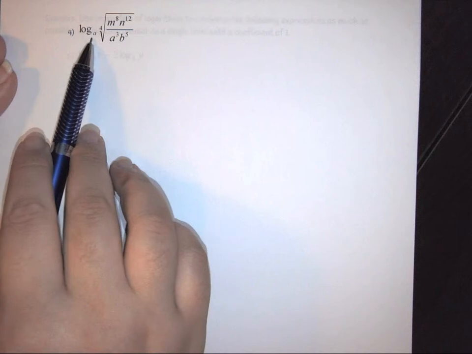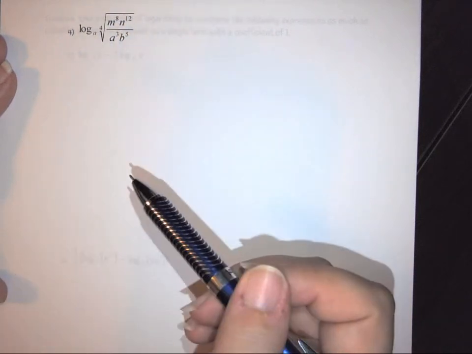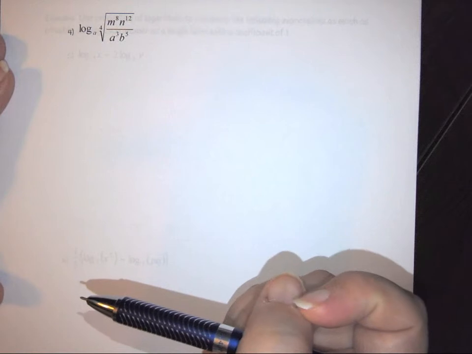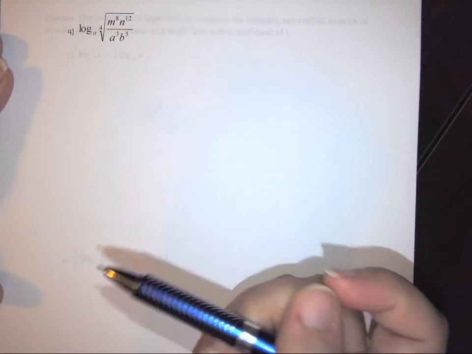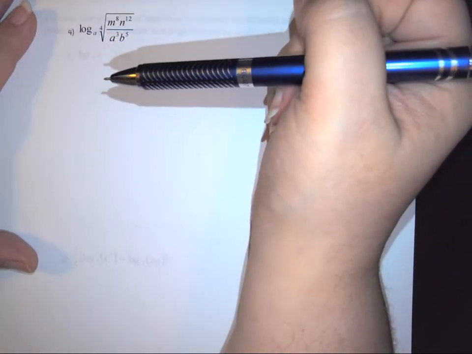Alright, so now I have the log base a to the 4th root of all this stuff inside, and I have to expand this out. The first thing that I have to recall is what my root says.